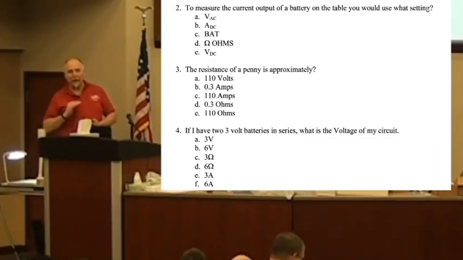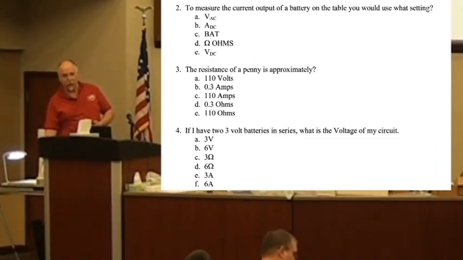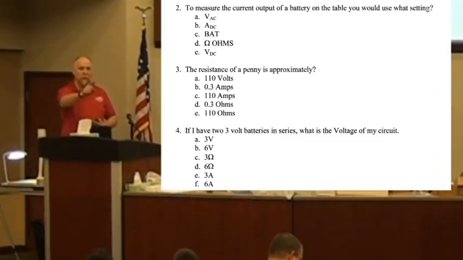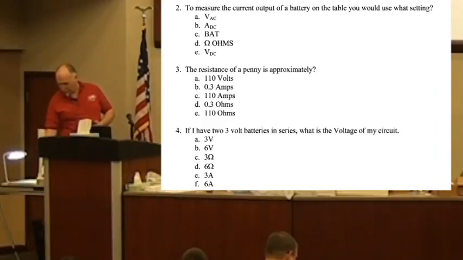So if you were to not even use a meter and measure it, which one of these two would you guess is smaller? Yes? 0.3, right? So an insulator might be 110, or it might be 1,000 or 10,000, whatever the max of the meter is, but the conductor is going to be 0.3.